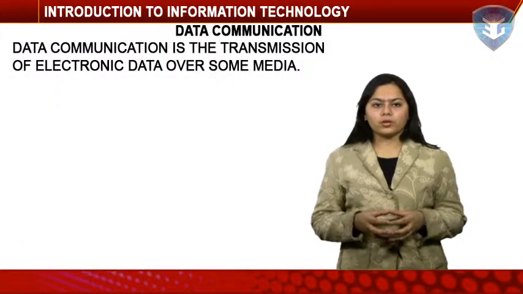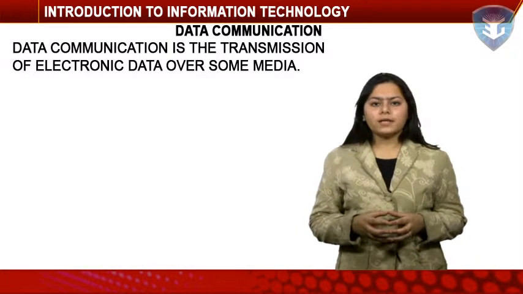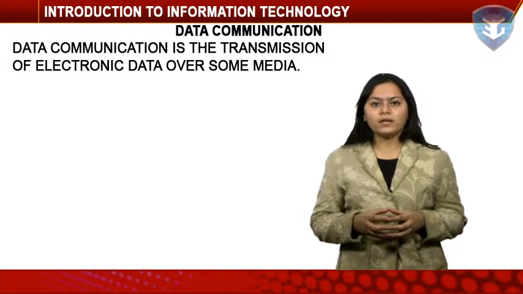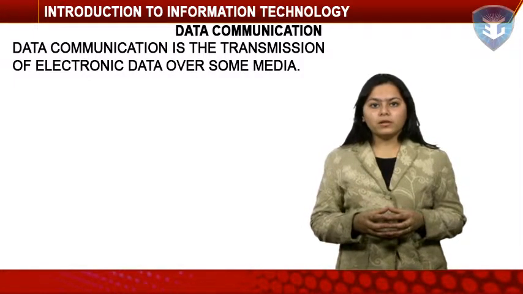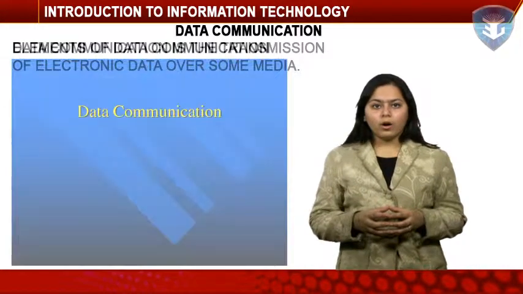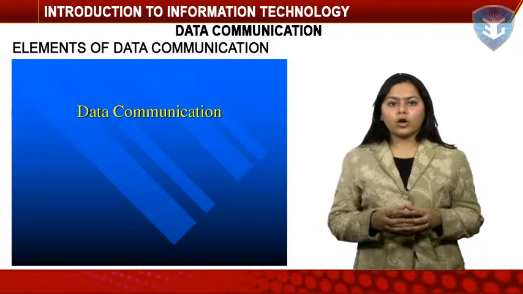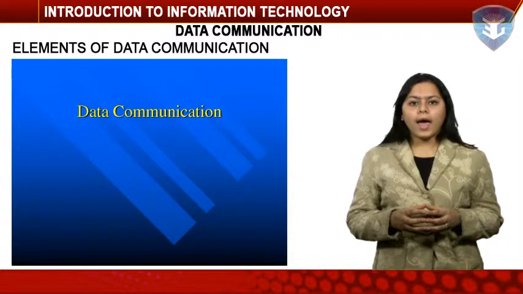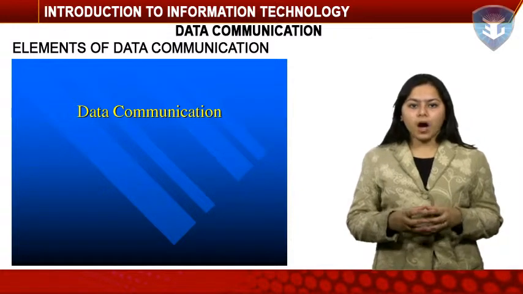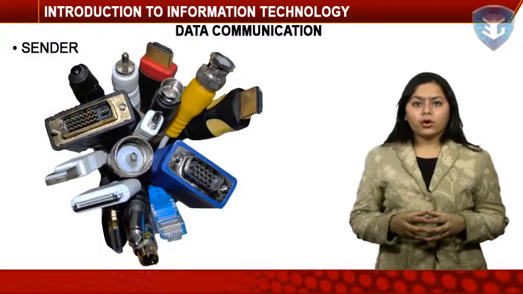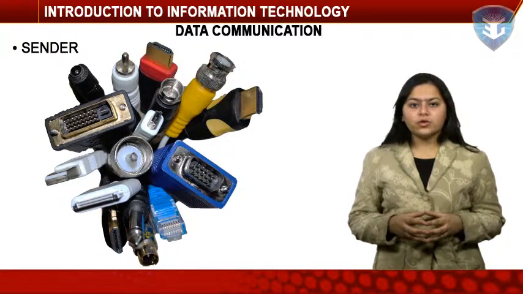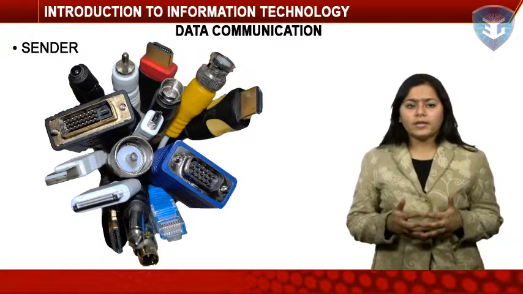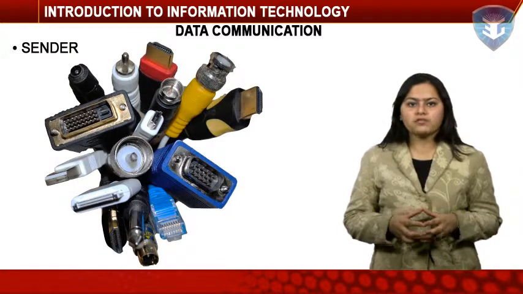Data communication. Data communication is the transmission of electronic data over some media. The media may be cables, microwaves. Elements of data communication. The basic elements needed for any communication system are the sender. The computer or device that is used for sending data is called the sender, source or transmitter.